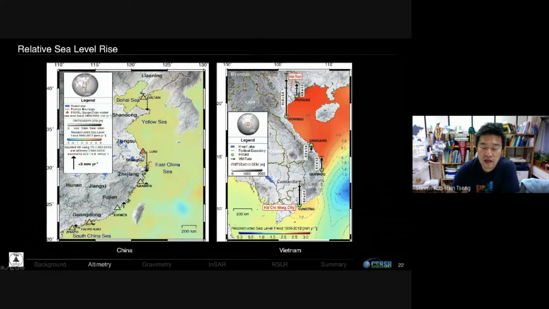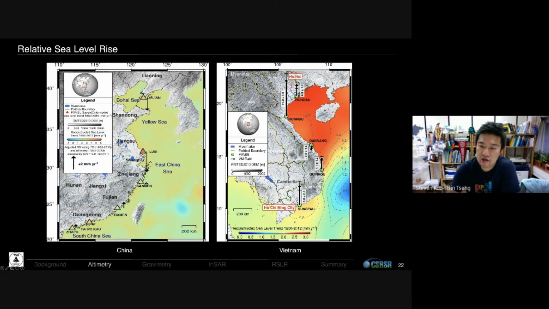This analysis can also apply to different areas. For example, this is along the China coastline, and to the right-hand side is around Vietnam's coastline. Vietnam's coastline has stronger tectonics than the sea level rise, because the land is going up and the vertical motion is very strong, several centimeters per year.